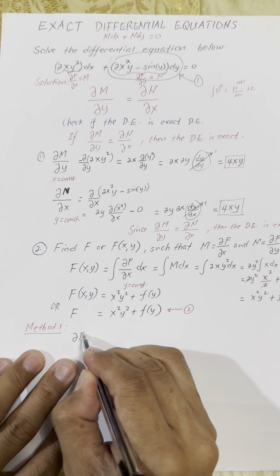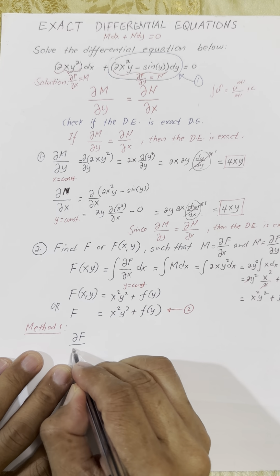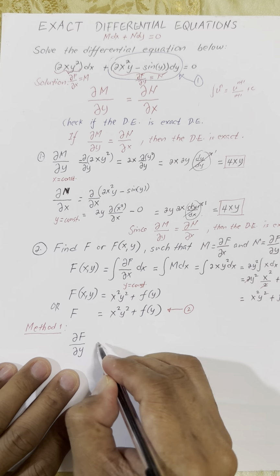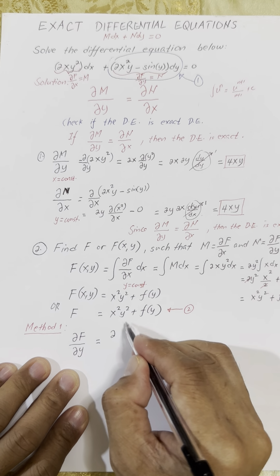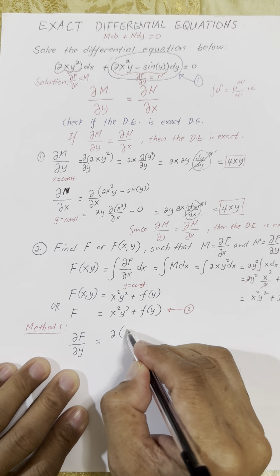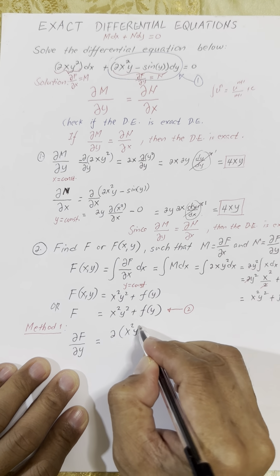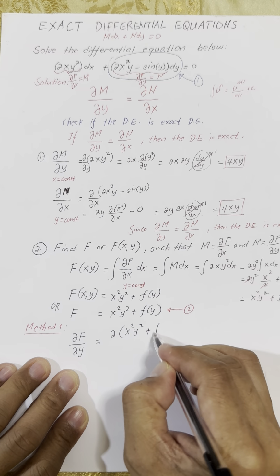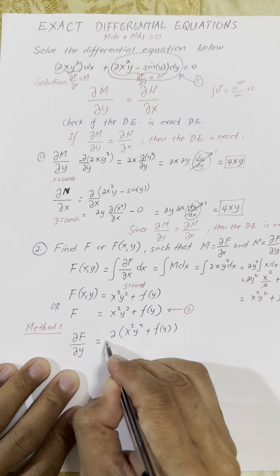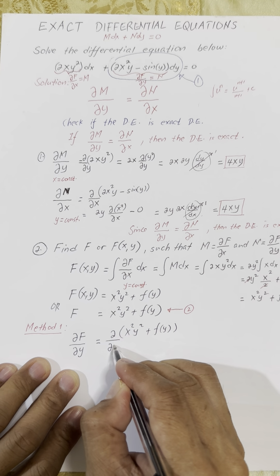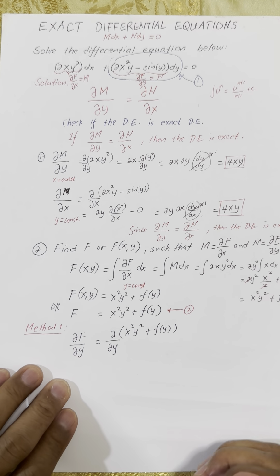So the partial derivative of f with respect to y equals the partial derivative of the whole thing, x squared y squared plus f of y, with respect to y.